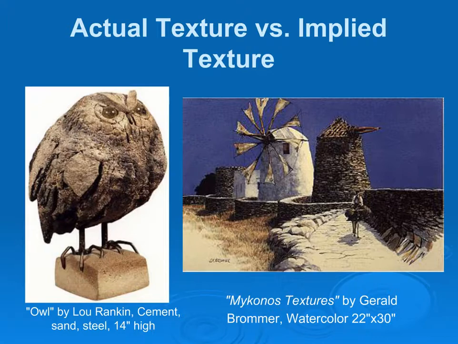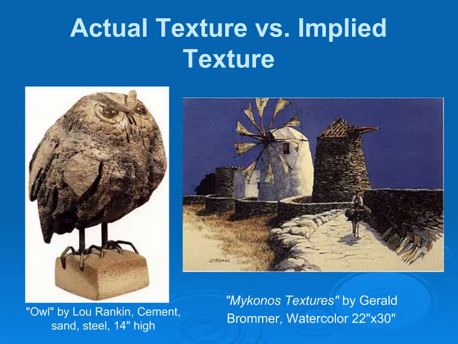There's the brick wall, there's the road, there's the grass, there's the windmill. All of that is implied texture. But because of how the painter has used color and layered color and used color to deceive our eye a little bit, we really see the grass and the rock road and the rock wall.